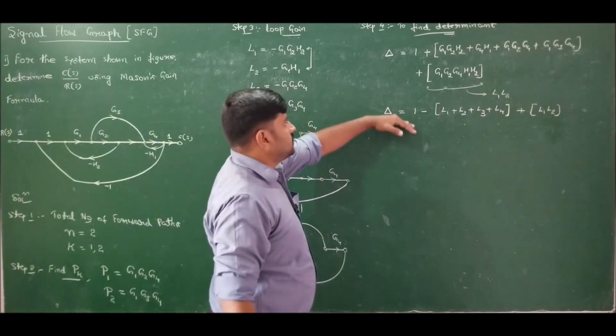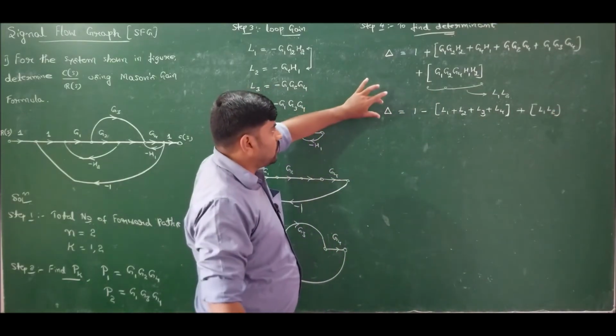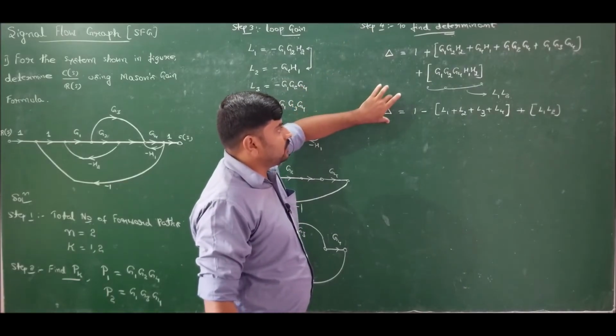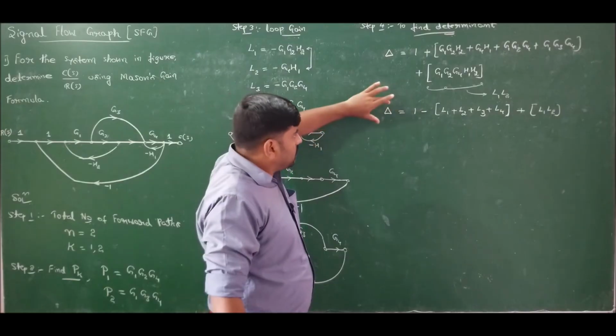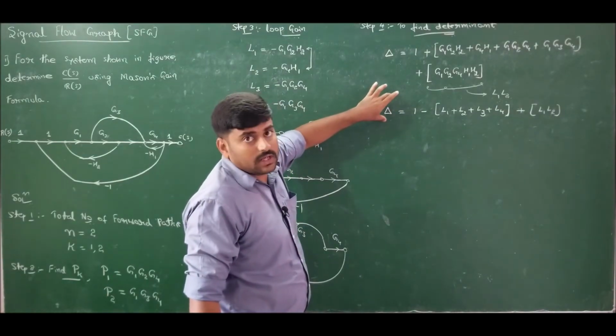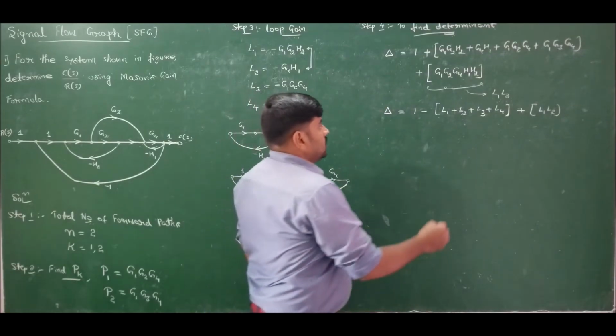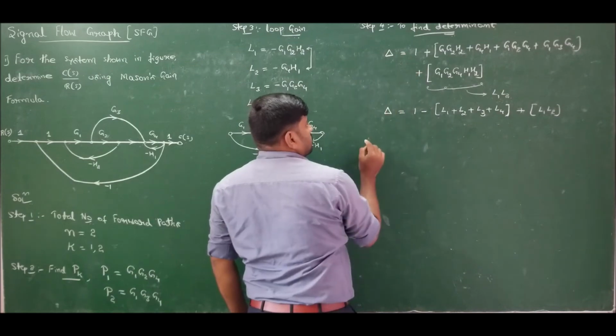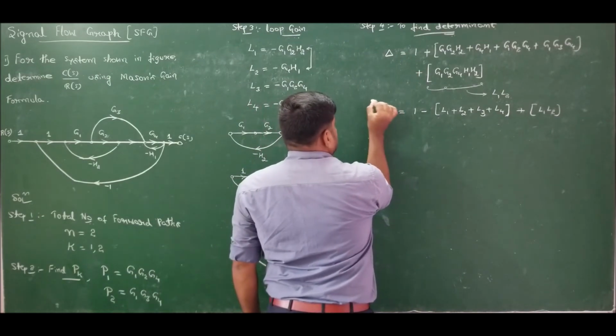Based on this we have written this. So this should come first and then this step. I skipped this step thinking that you understood the concept, but write this step, determine the value of delta. This helps in determining the value of delta K. So this should come first and next this should come. Therefore I'll put this in brackets.